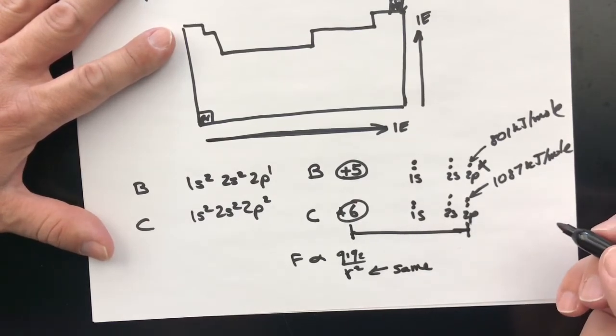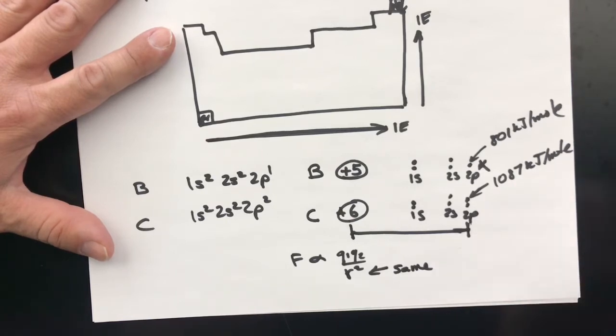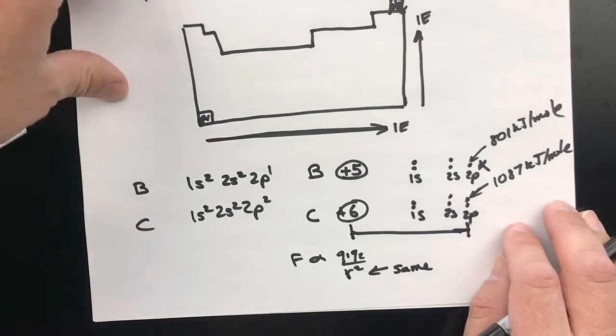This is always going to be the case except for one weirdo exception that we need to deal with, which is the exception dealing with the first paired electron in a row.